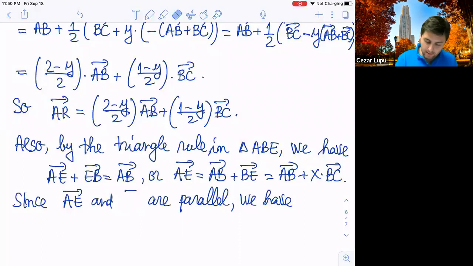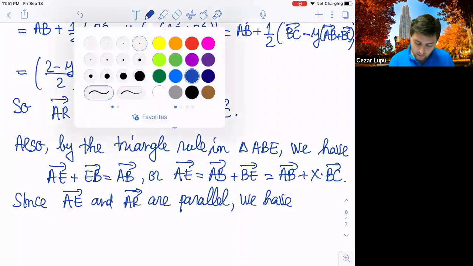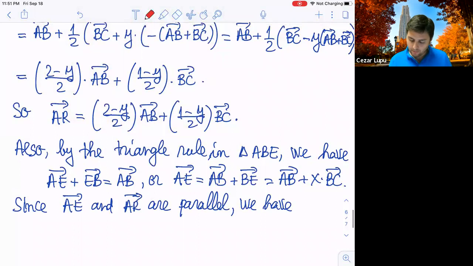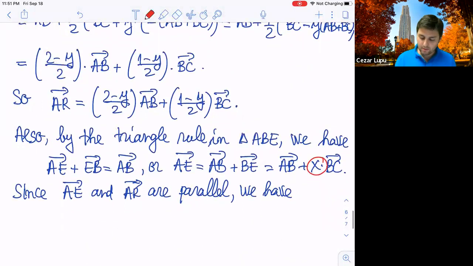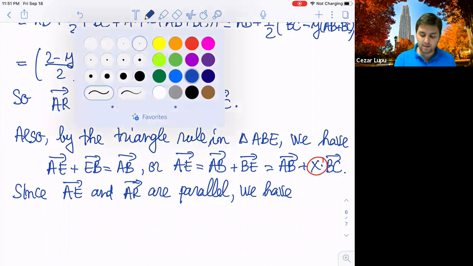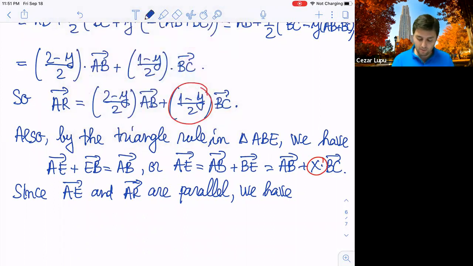Oh my, it's late. This is AR here. Since these are parallel, if you look at the coefficient here of BC, this is X, right? And look at the coefficient of AR of BC, which is this guy. So this implies that these two should be equal. We have that 1 minus Y over 2 is the same as X, right?